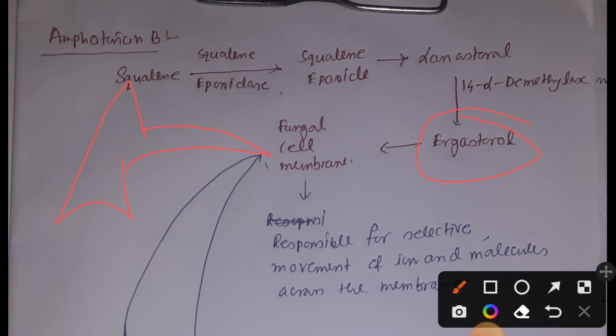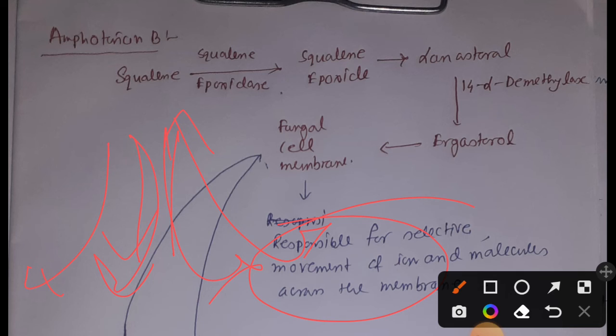Selective permeability is the main job of the cell membrane. But Amphotericin B binds with ergosterol hydrophobically and creates a pore. As a result, the ions are no longer transported selectively, and a lot of ions are removed from the intracellular part of the cell, which causes the death of the cell.